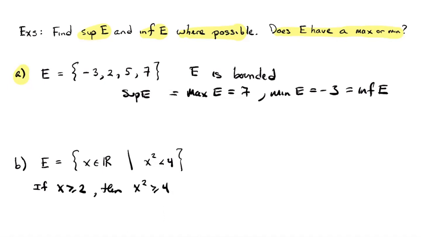So the contrapositive of that is that if an element belongs to this set E, then that element is strictly less than 2. So if x is an element of E, then x is less than 2. So 2 is an upper bound.